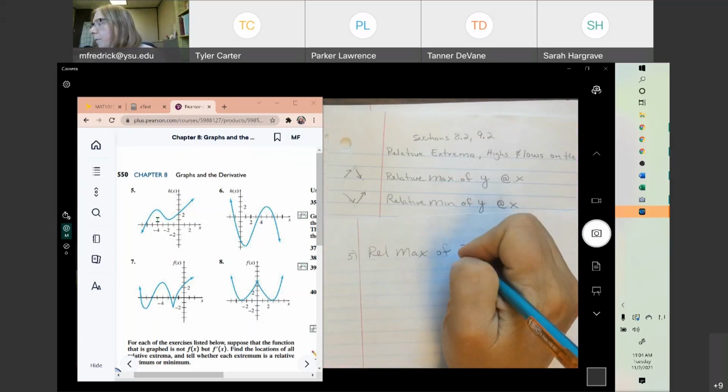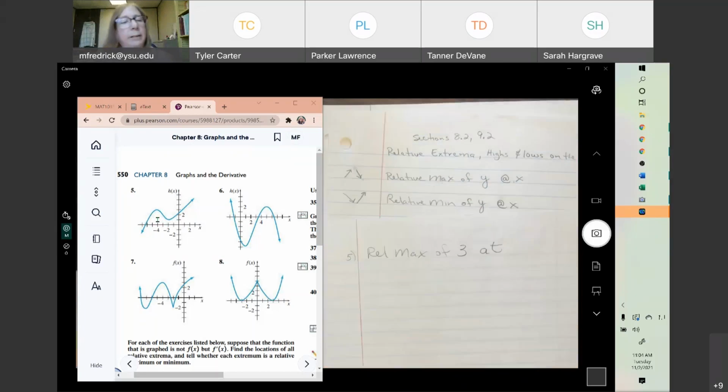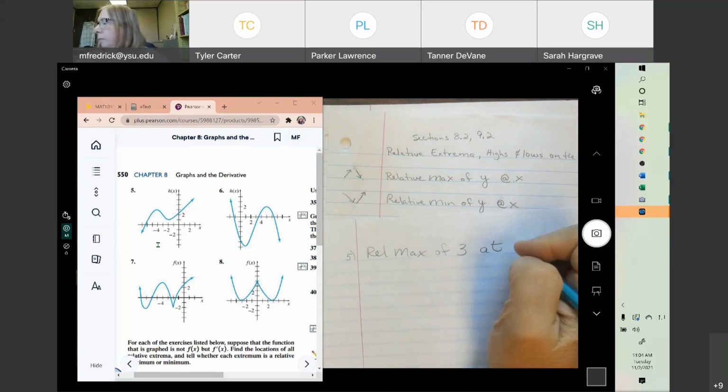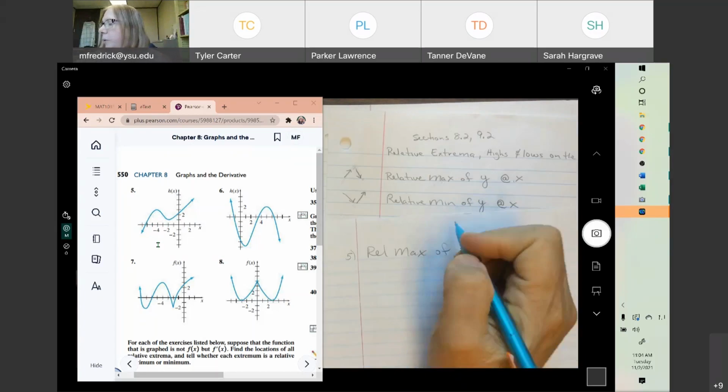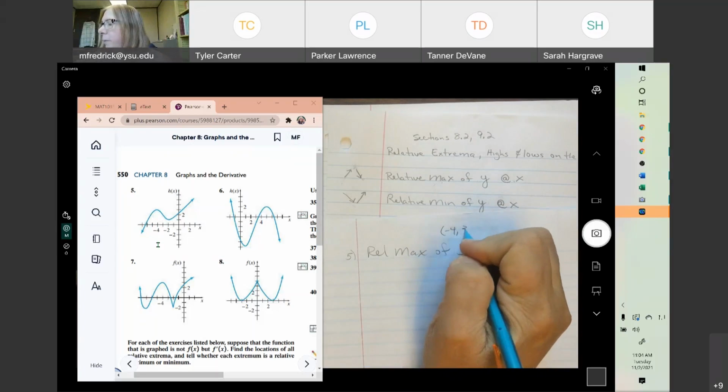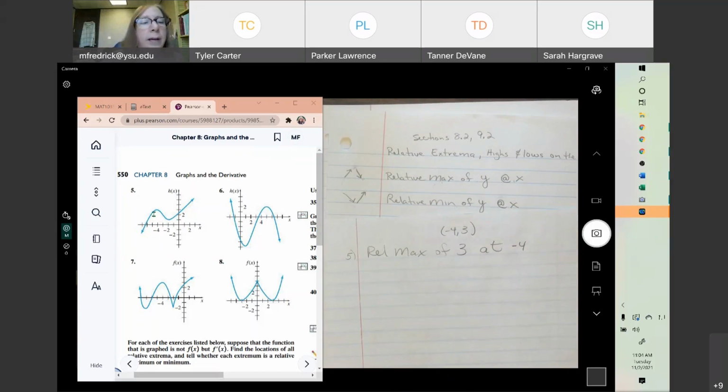So there's a maximum of 3 at -4. So I'm using the point -4, 3. That's where this high point is on the graph. Now there's higher points because this keeps going up, but this is one point where there's a relative max.